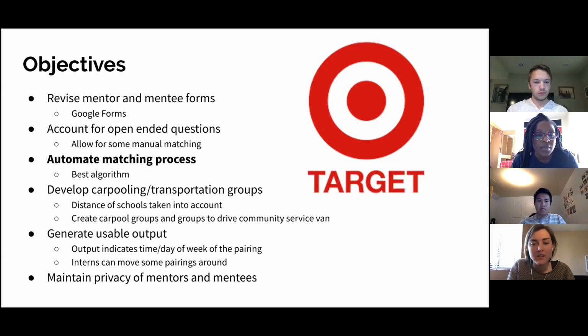And then another objective was to generate usable output that indicates the carpools, the people who've not been matched, the people who need to go into the community service van, so that if the interns need to move anything around, they have all that information in a usable form. And then finally, we needed to maintain the privacy of mentors and mentees. This was really important.